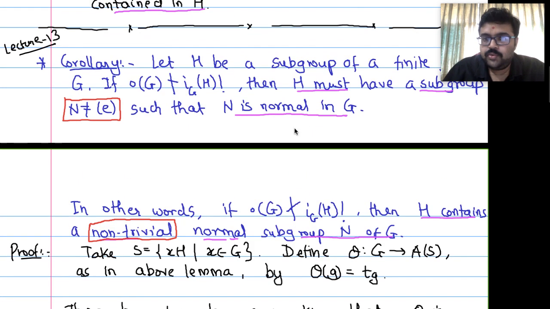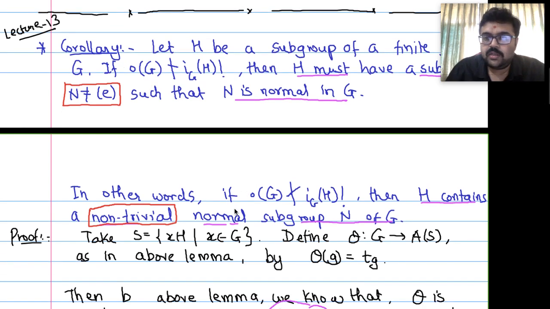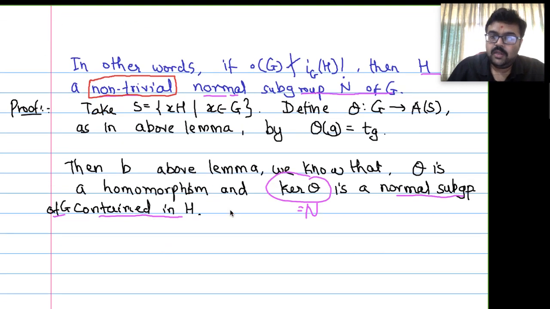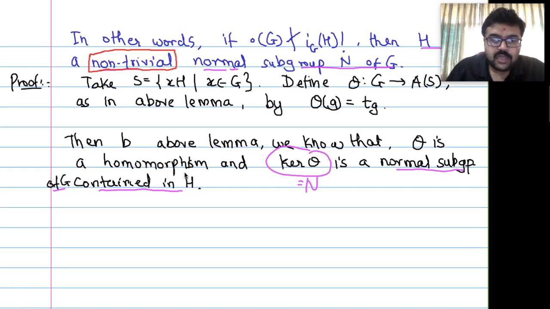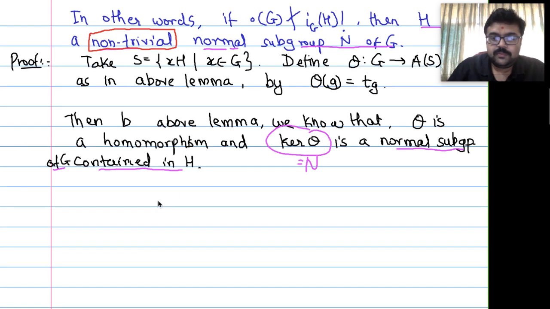But what we have not used so far in the theorem is the fact that the order of G does not divide the factorial of the index of H, and using that fact we will show that the kernel of theta is non-trivial. So theta is a homomorphism. Suppose the kernel of theta is trivial, then what happens?